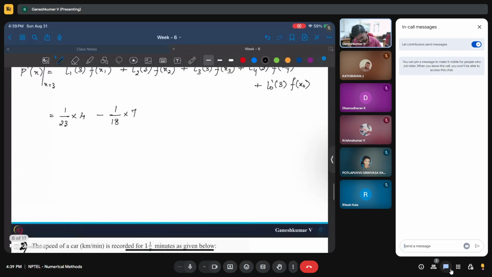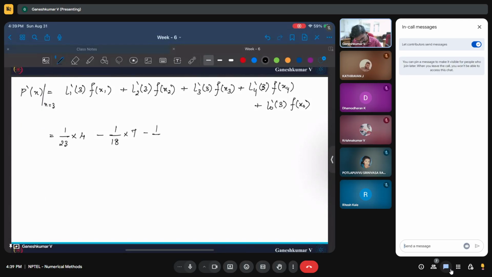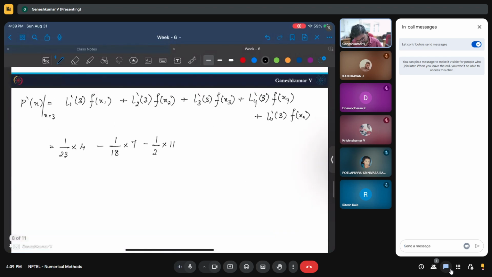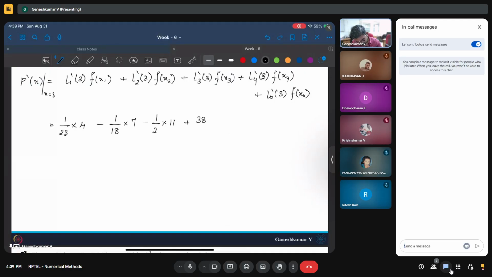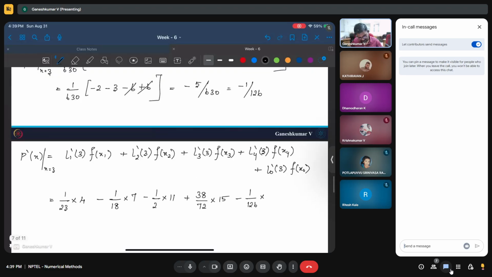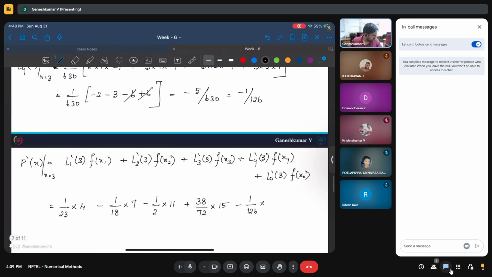Minus half, f of x2 is 11, and then L3 dash is plus 38 by 72 into f of x3 which is 15, and plus, is it plus or minus? Minus 1 by 126 into, what is the final value? 21.